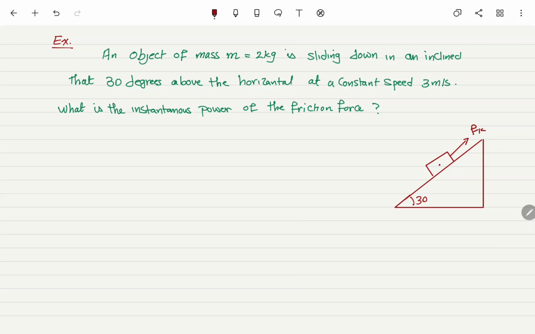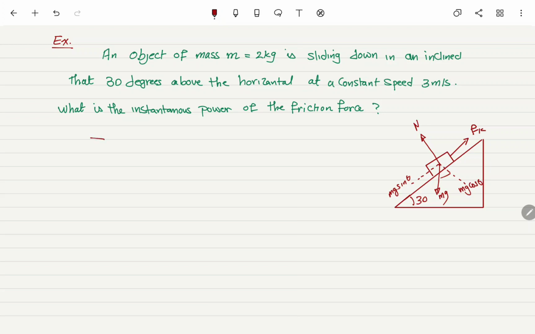We have the weight directed this way here, mg, and this one here is the normal. After analyzing the weight, you will get mg cosine theta, and this one here mg sine theta. And since we are looking for the instantaneous power of the frictional force, let's find the frictional force.